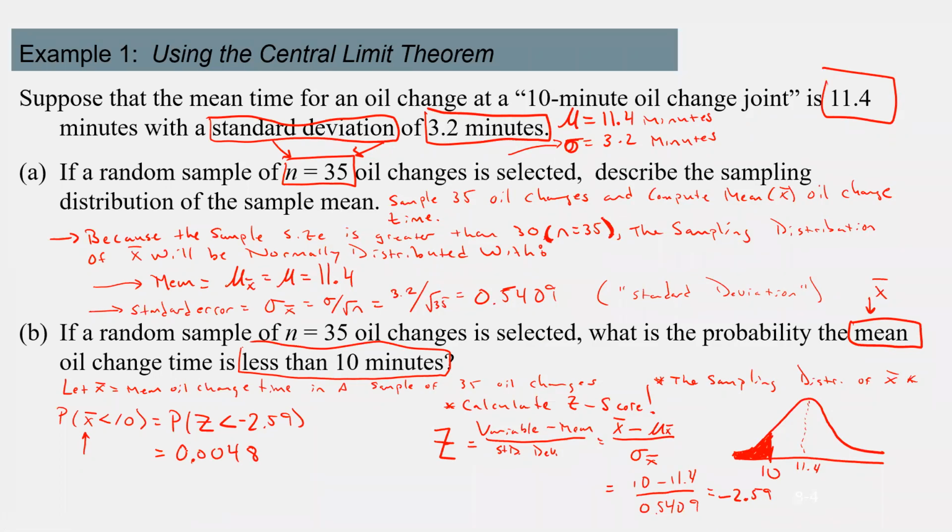So does this process kind of ring a bell? Like we were doing this a lot last week. Computationally, the only thing that's different is this part right here, that you're going to divide the standard deviation by the square root of the sample size.